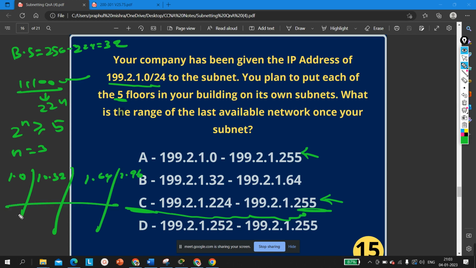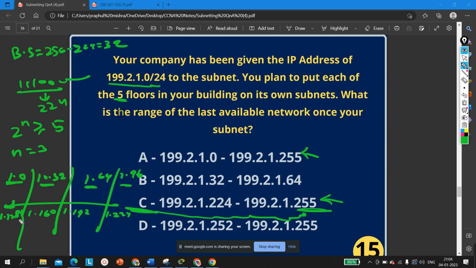Fifth will be 1.128. Sixth will be 1.160. Seventh will be 1.192. And eighth will be 1.224. So this one is the first network, this one is the second, third, fourth, and fifth.